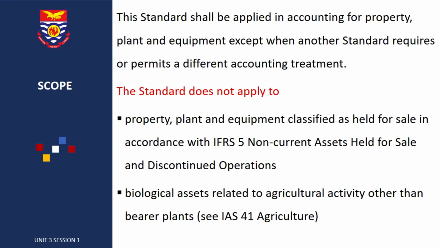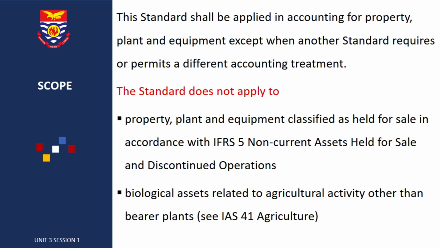The scope of IAS 16. This standard shall be applied in accounting for property, plant, and equipment, except when another standard requires or permits a different accounting treatment. And this applies to property, plant, and equipment classified as held for sale in accordance with IFRS 5, Non-current Assets Held for Sale and Discontinued Operations.